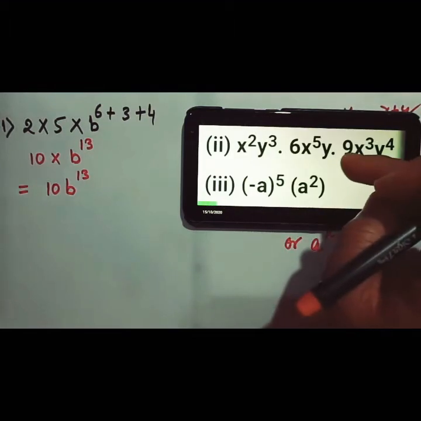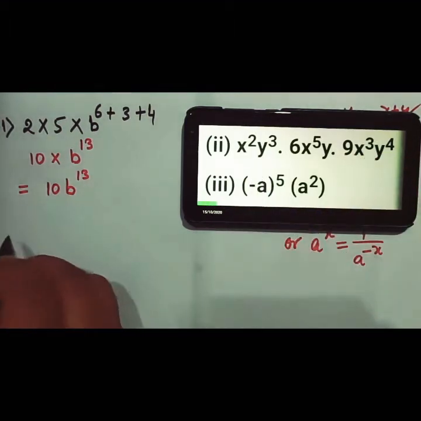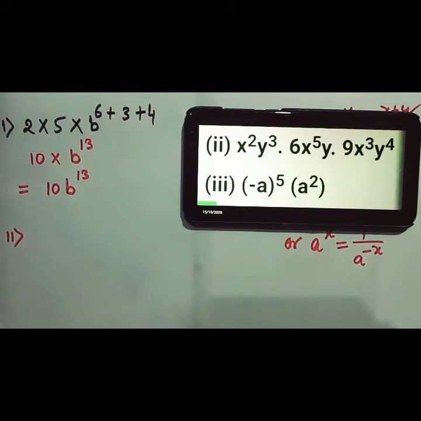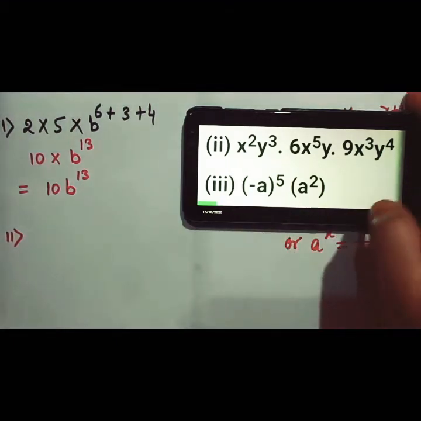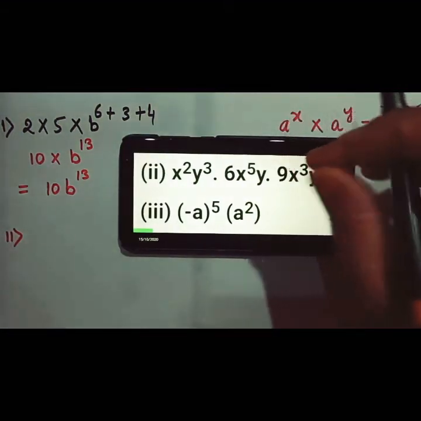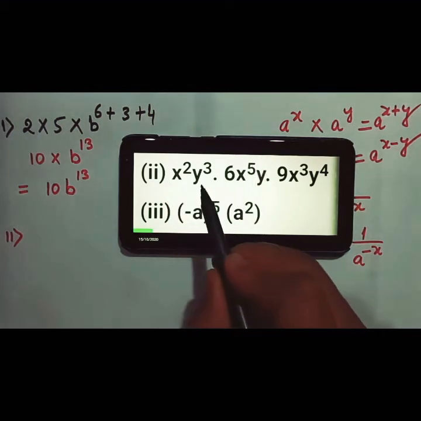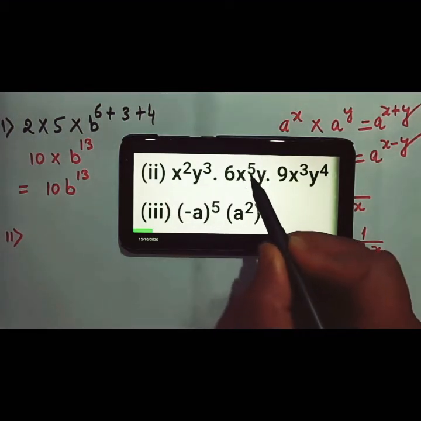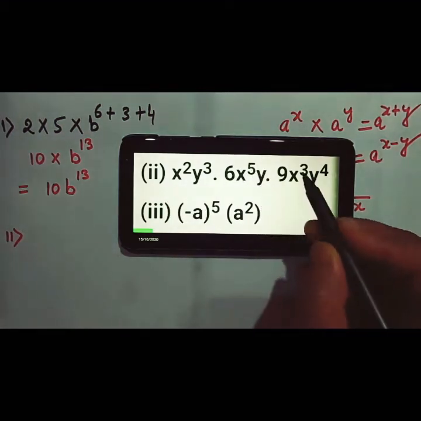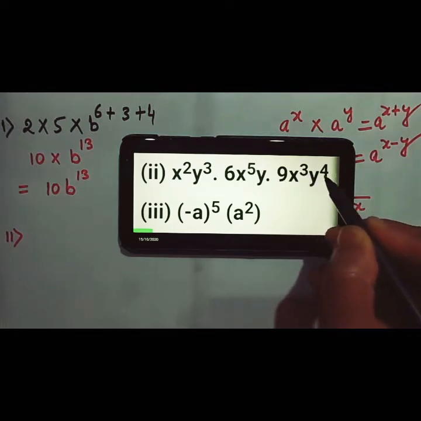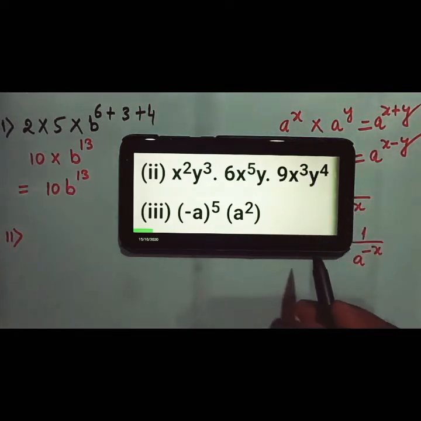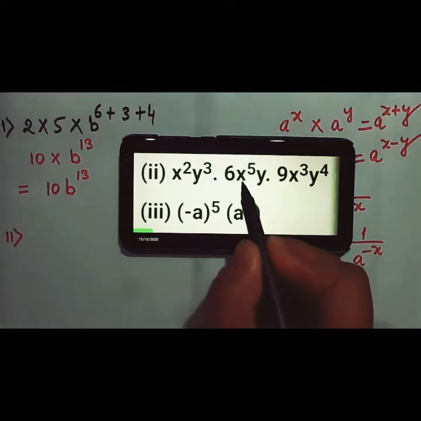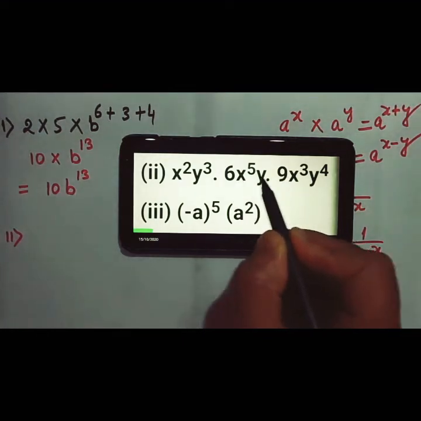In number 2 we have x square. Have a look at the question properly: x square y cube, 6x to the power 5 y, 9x cube y 4. Therefore, we will multiply the numerical values.